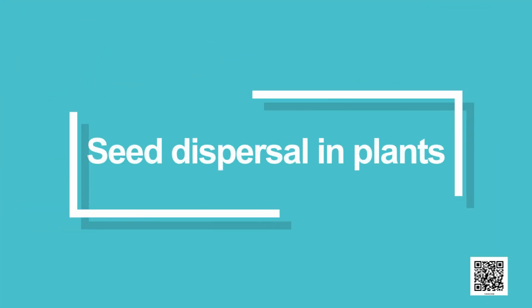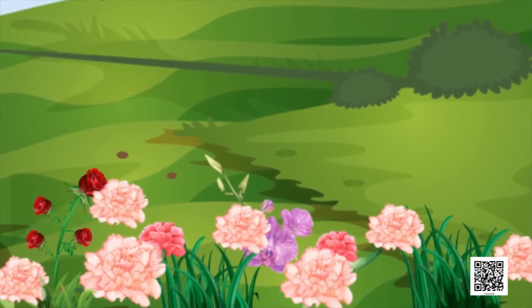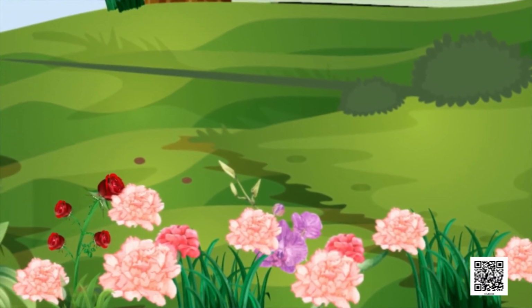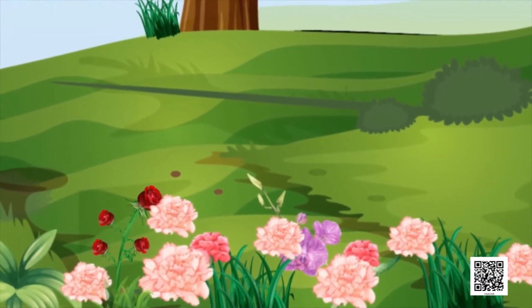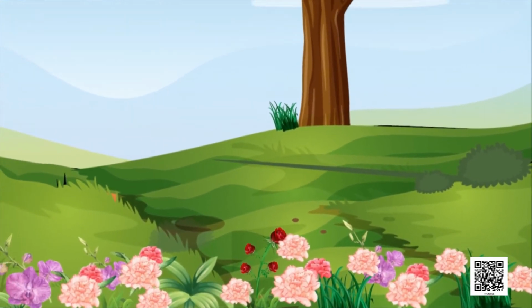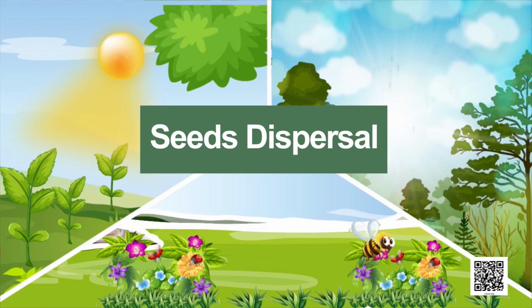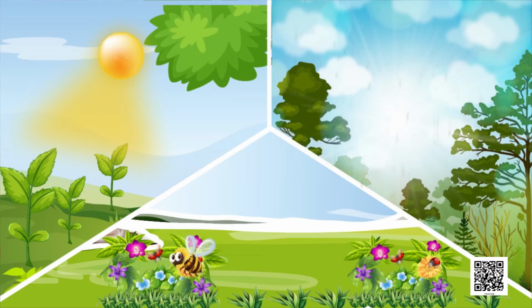Seed dispersal in plants. We know that plants do not move from one place to another. Have you ever thought how the seeds of the plant spread to faraway places and produce new plants? This is because seeds reach different places and this is called seed dispersal. Seed dispersal is carried by winds, water, insects and animals.